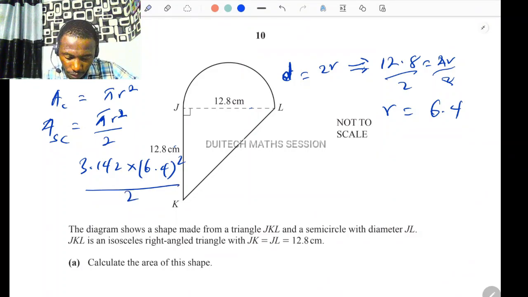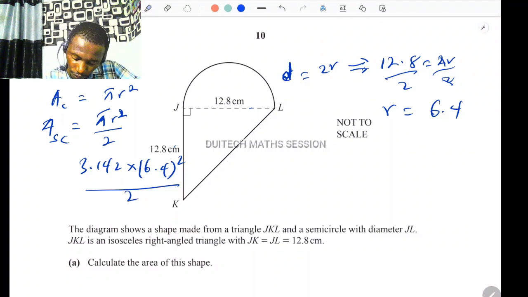So now 6.4 square times 3.142, right, then we'll now divide it by 2.